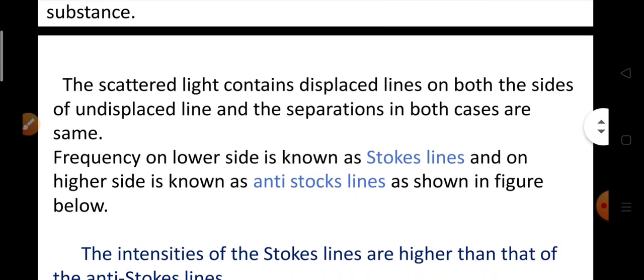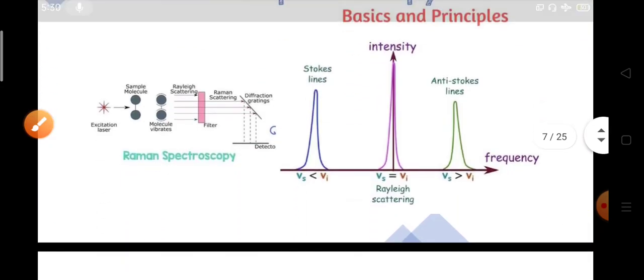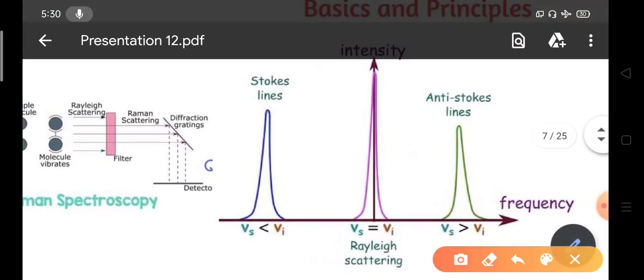The scattered light contains displaced lines on both sides of the undisplaced line, and the separation in both cases is the same. Look here, suppose we are considering the Raman spectrum here. We are observing three lines, first, second and third.